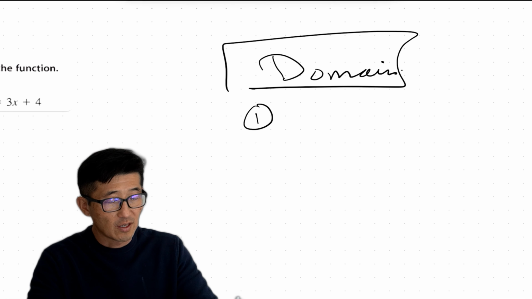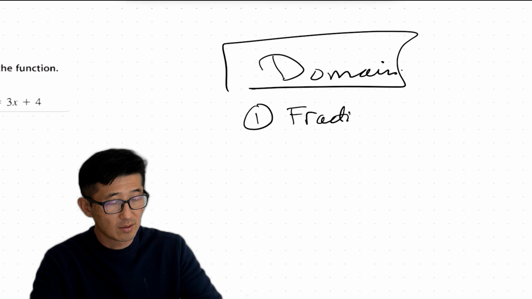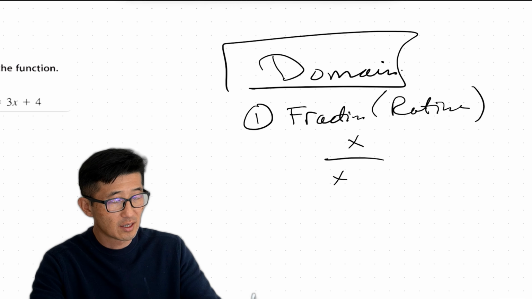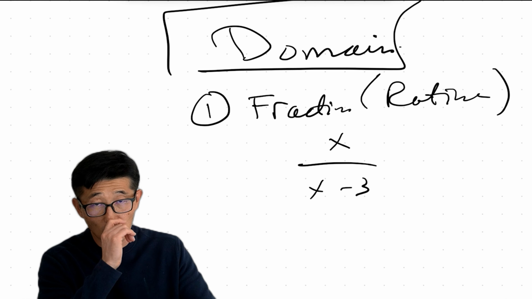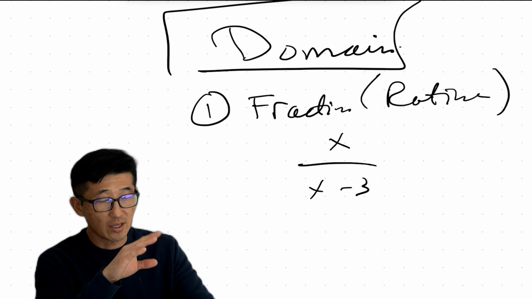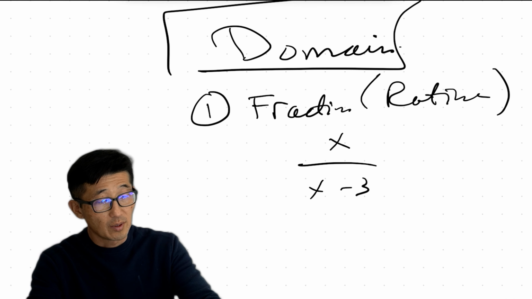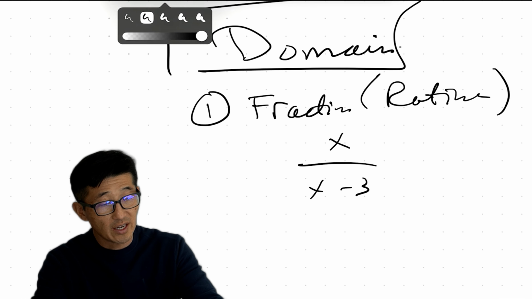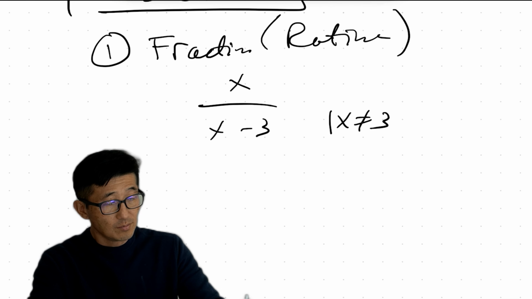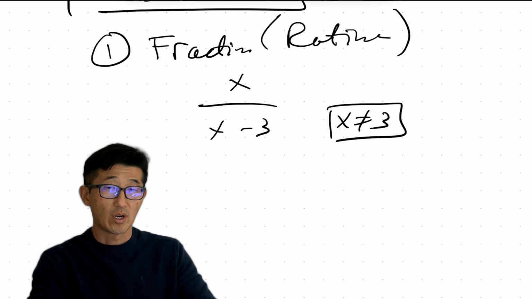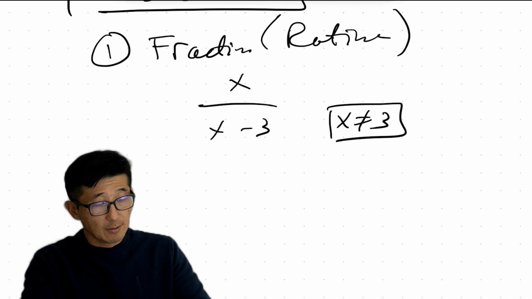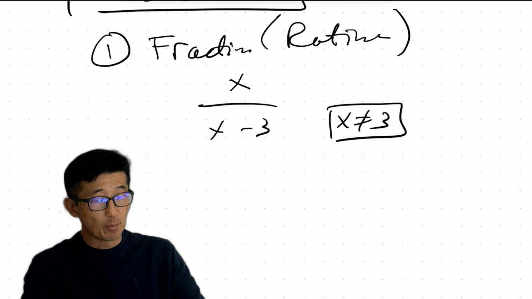The first type is a fraction or a rational expression. You can have any kind of stuff on the numerator, but anytime you have a variable on the denominator, there's a number that x can never become: whatever will turn the denominator to 0. This is called a domain restriction.